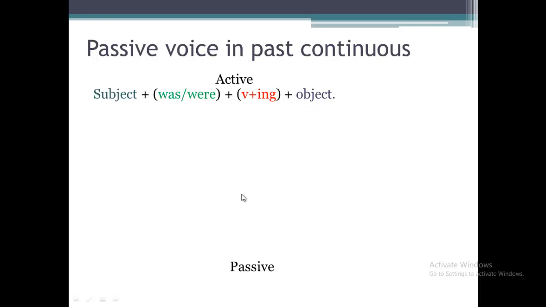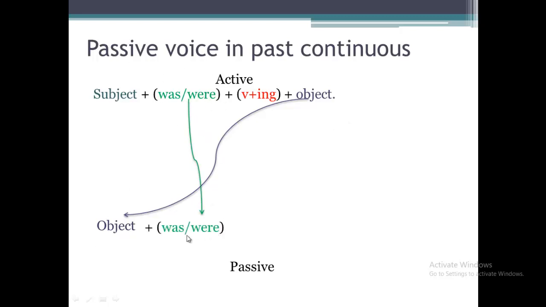But if I want to change it into passive voice, first of all, I take the object and put it at the beginning of the sentence. Then verb to be, was or were. Okay, I use it, but this time it has to be suitable for the object because it's the one who takes the lead.